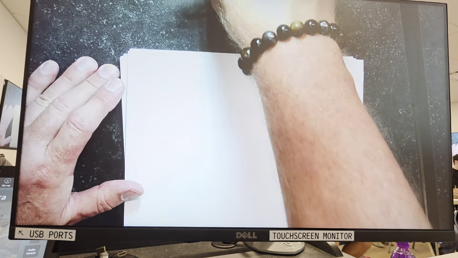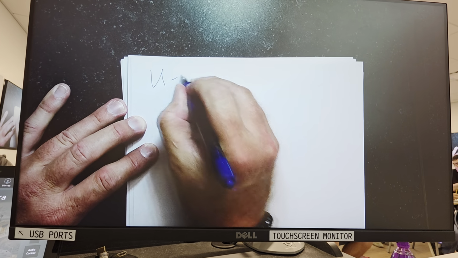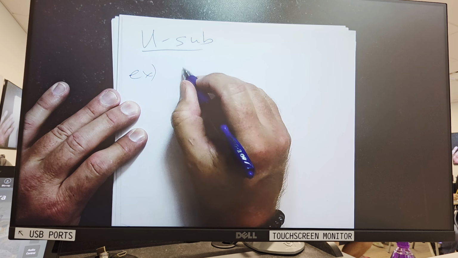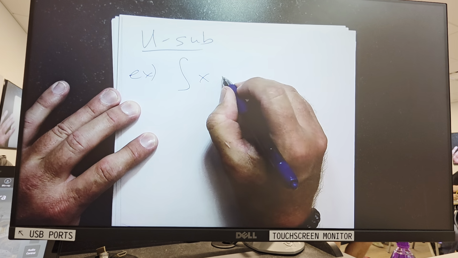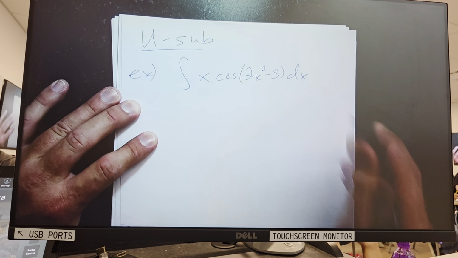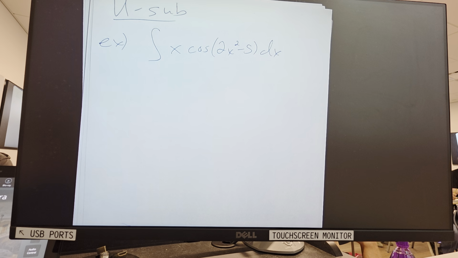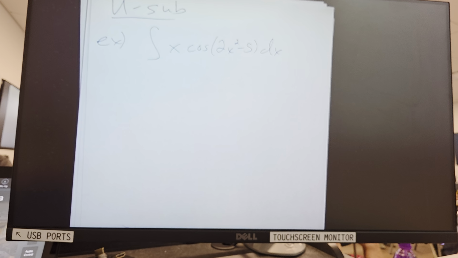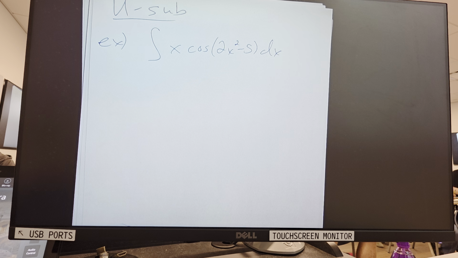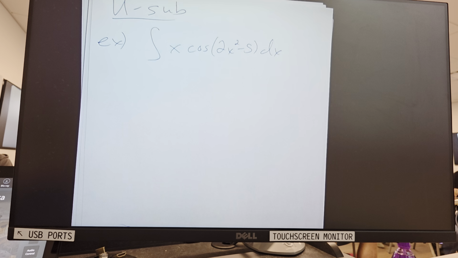So here's a very straightforward example of U substitution. This is not a direct, backwards antiderivative kind of thing, because I have a product in my integral.